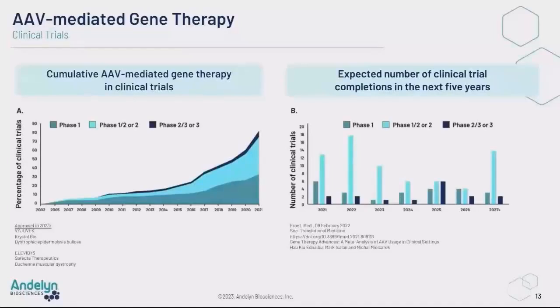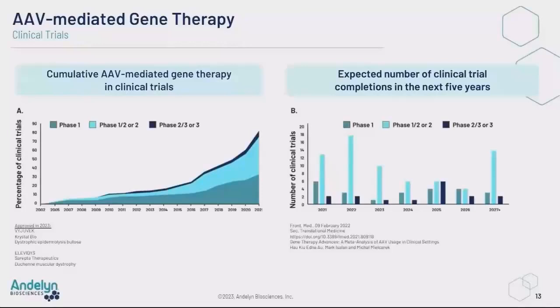And on top of this, consider that as AAV mediated gene therapies move beyond the rare, ultra rare state into more standard of care, the demand for AAV is going to explode in terms of number of trials, number of indications, as well as dosing. Dosing continues to increase in terms of number of VGs dosed per treatment.